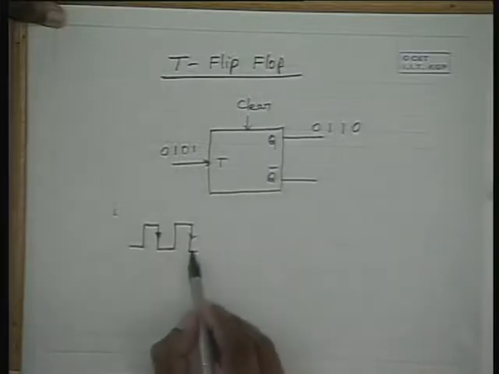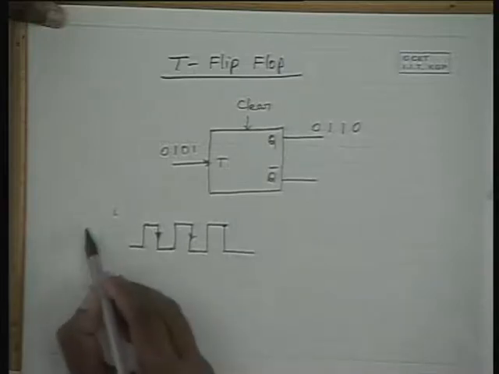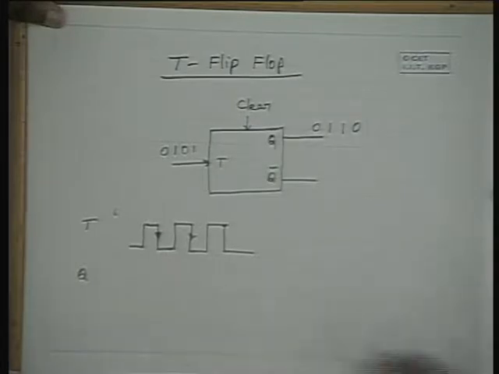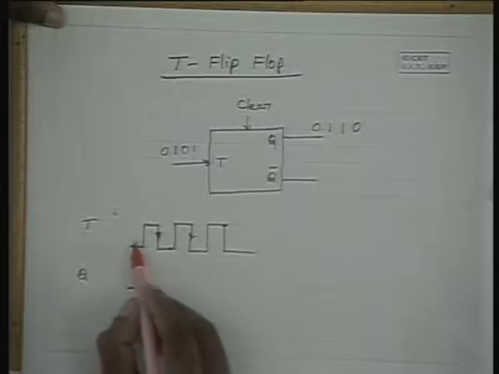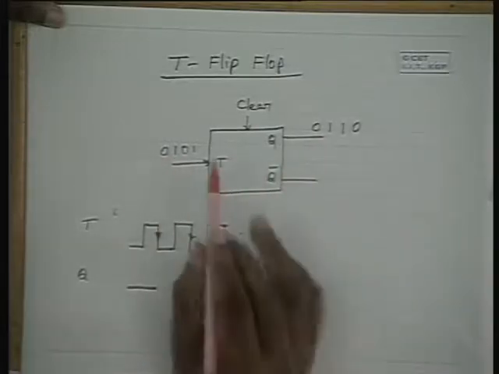So when you apply this kind of input to the T input, what happens to the Q? If Q is initially 0, it remains 0 because there is no negative transition there.